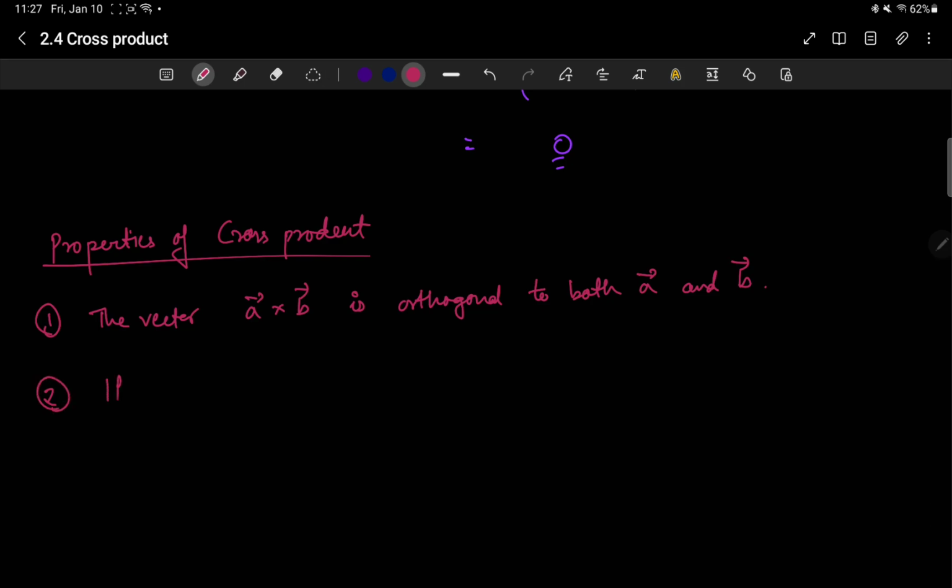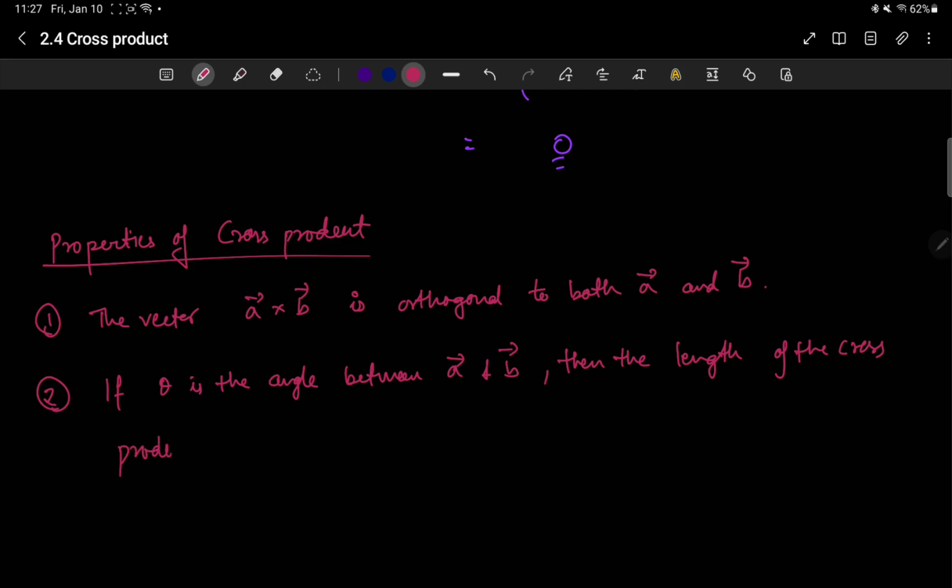Second property, if theta is the angle between the vectors A and B, then the length of the cross product A cross B is given by the absolute value of A, absolute value of B, sine theta.